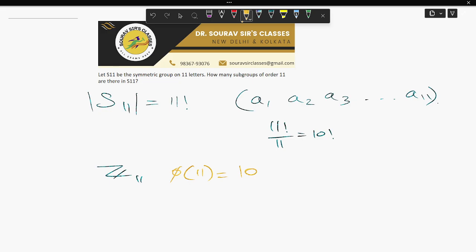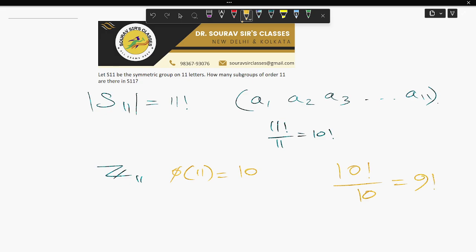Each subgroup corresponds to a unique set of 10 elements among the 11-cycles. Since each subgroup has 10 non-trivial elements, the total number of such subgroups is 10 factorial by 10, which is 9 factorial.